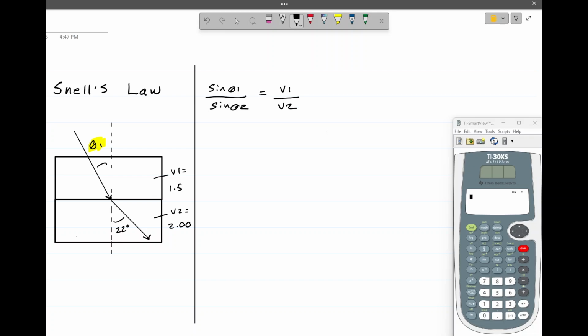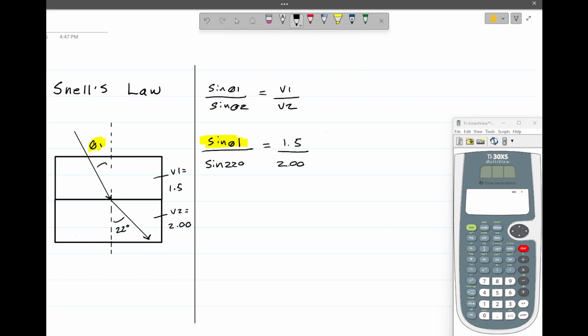Step 2, plug the numbers into the equation. Sine of theta 1, I don't know this, so I'm just going to write sine of theta 1. That's the variable that I'm trying to solve for. Divided by the sine of 22 degrees equals V1, which is 1.5, divided by V2, which is 2.00.